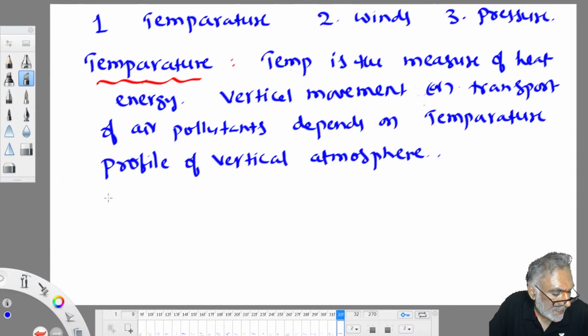So if we see the temperature profile of the vertical atmosphere, it is not constant, it keeps on changing. In the vertical atmosphere, temperature changes with altitude.